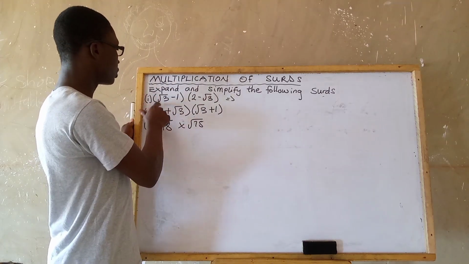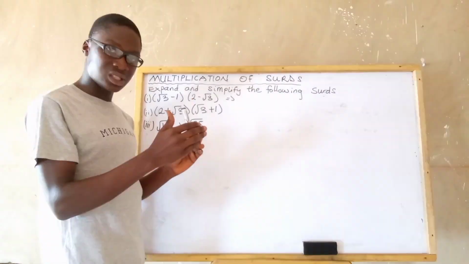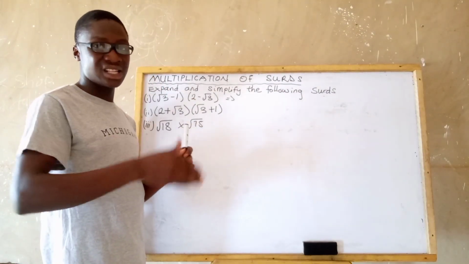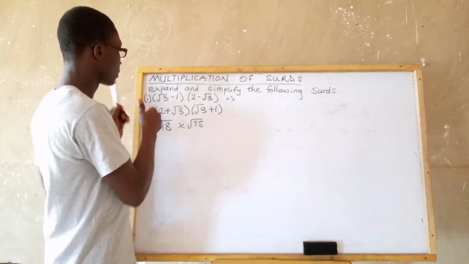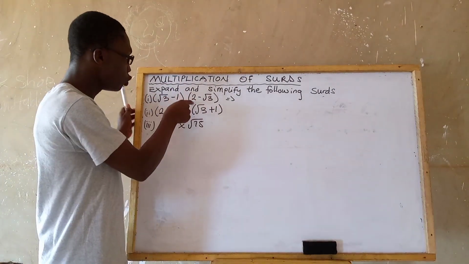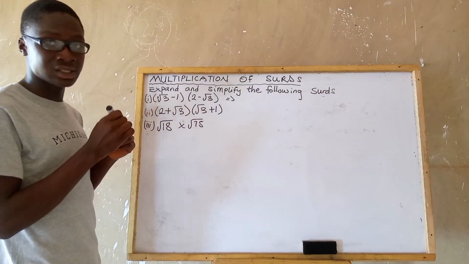So here, √3 multiplies 2. The root multiplies the root, and the number in front of the root multiplies the number in front of the root. Since the 2 is not in a root, the 2 multiplies the 1 in front of the 3, which we don't write.